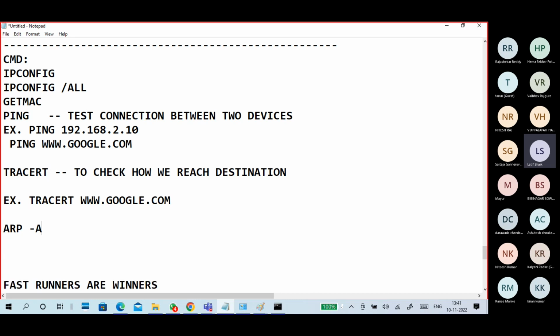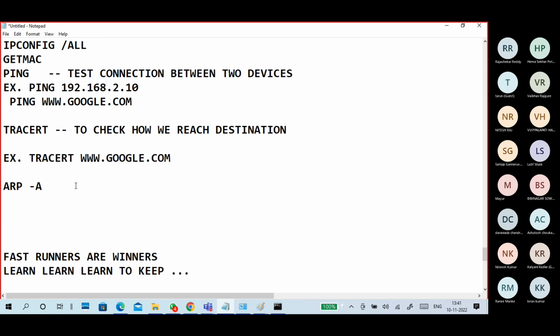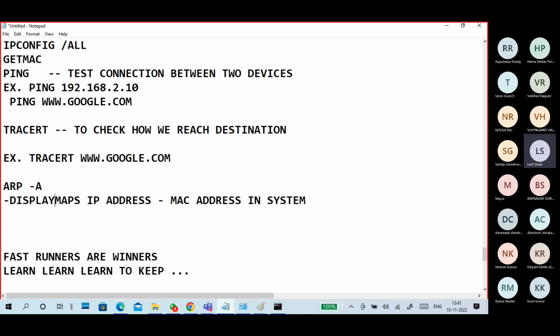What is ARP? Address Resolution Protocol. It maps IP addresses to MAC addresses in the system, and it displays the table.